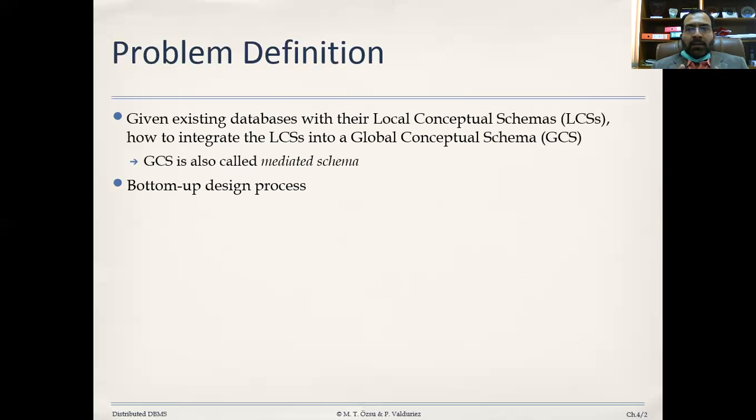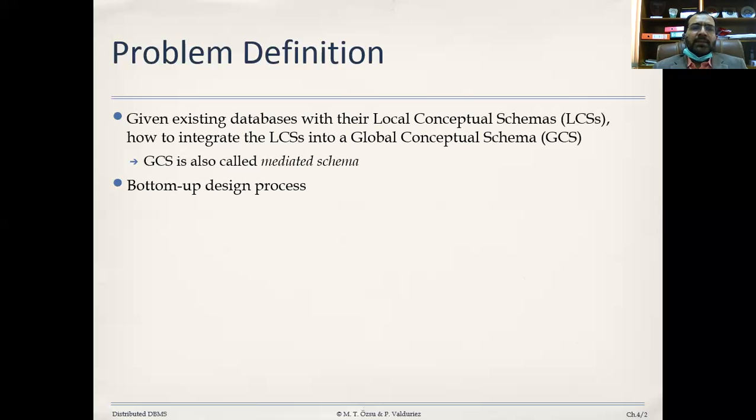Later on, it can be divided into subqueries that can be routed towards the sites where your LCS is. Because whenever we have an LCS definition, we always have the local internal schema. So it means that data is actually residing at that particular site rather than at one site.